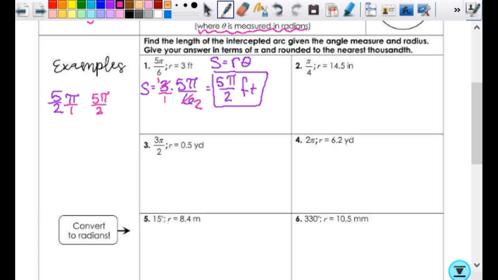We've got S equals r theta. So S equals, our radius is 14.5 times our theta, which is pi fourths. Type that in the calculator, get me the exact answer first.